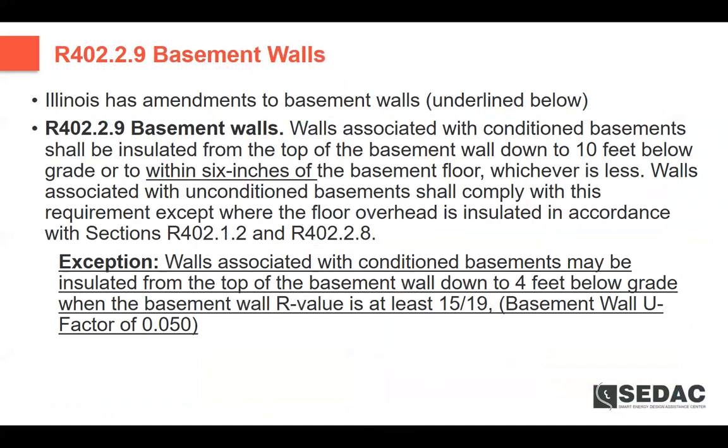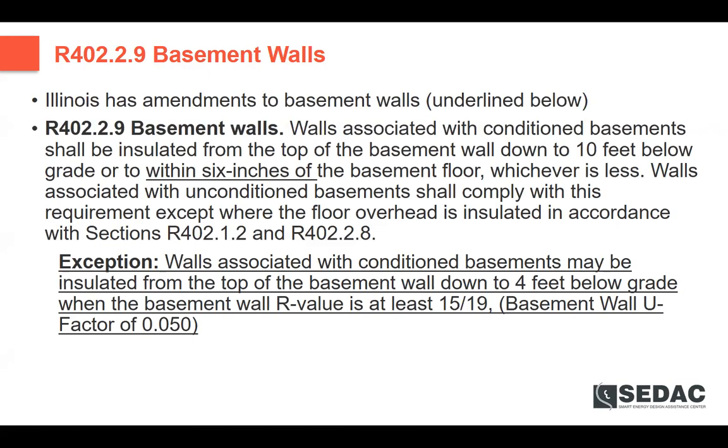As far as basement walls, here again, there's some Illinois specific amendments. We want to make sure that we're insulating down, and here noting the exception, the original provision is 10 feet below grade.